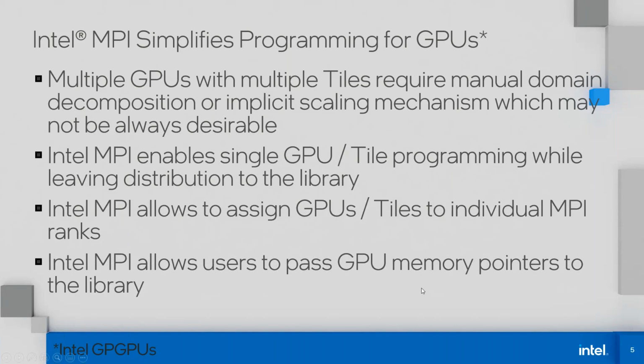If you want to send data from one GPU to another GPU, these GPUs can be located on the same host or on different hosts, it doesn't matter. And you can also call a collective operation like MPI all reduce to involve a set of GPUs and do some reduction.